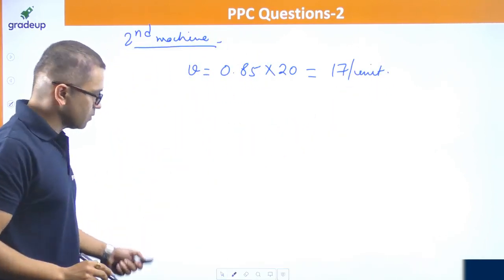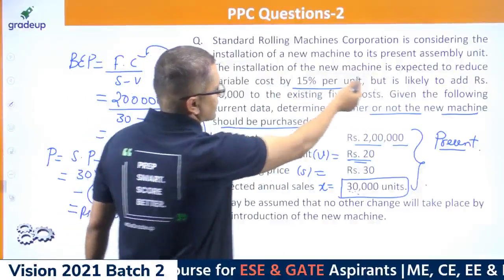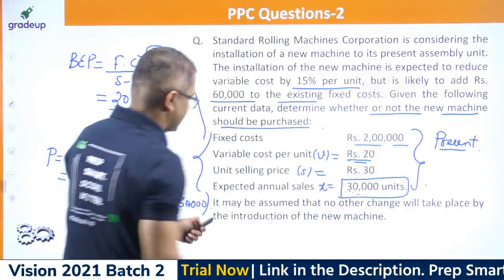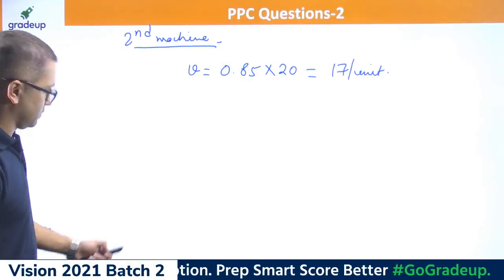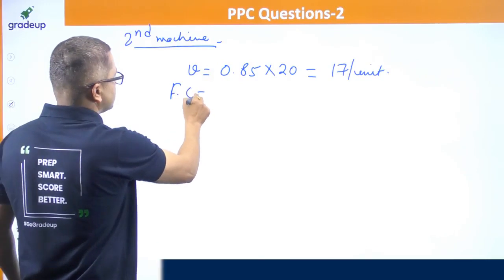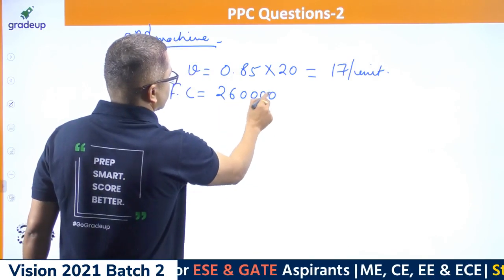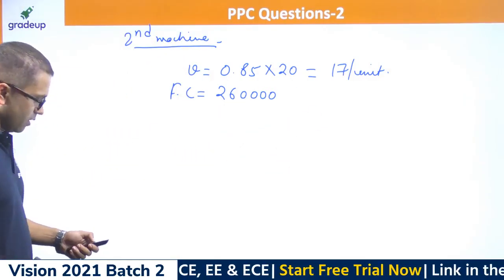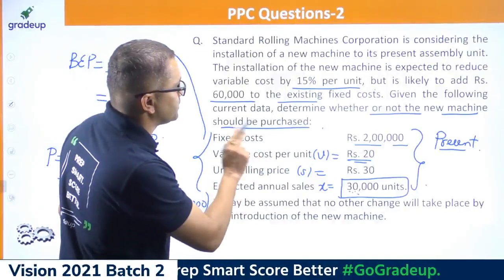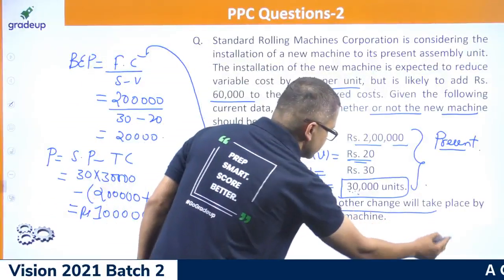Okay, and what it says is that installation of the new machine is expected to reduce variable cost, but is likely to add rupees 60,000 to the existing fixed cost. So now the fixed cost is 2 lakh, so FC becomes 2,60,000. Yeah, that is fixed cost. Okay, no other change is assumed to take place.